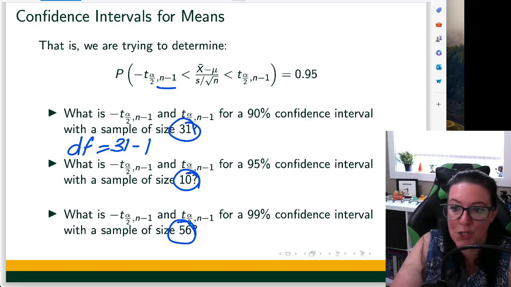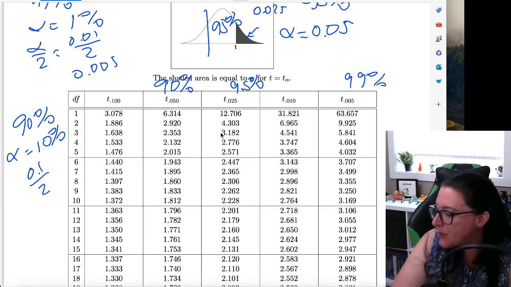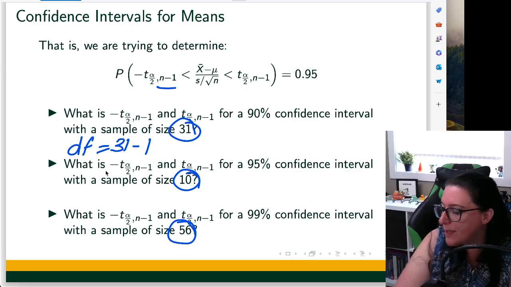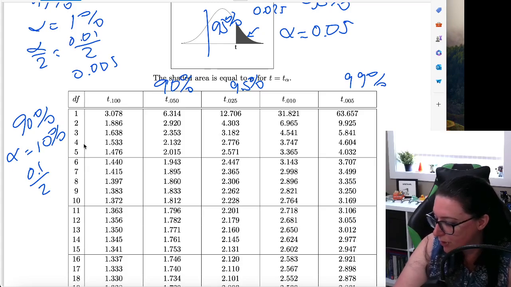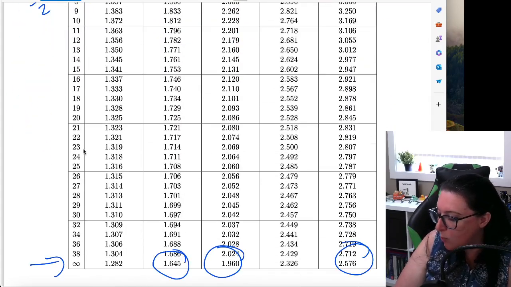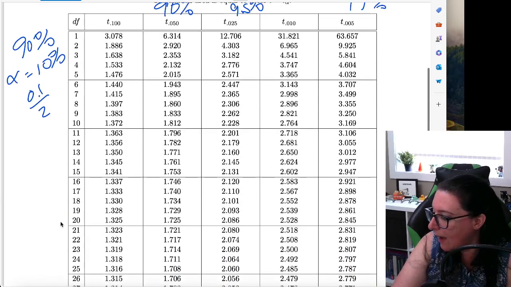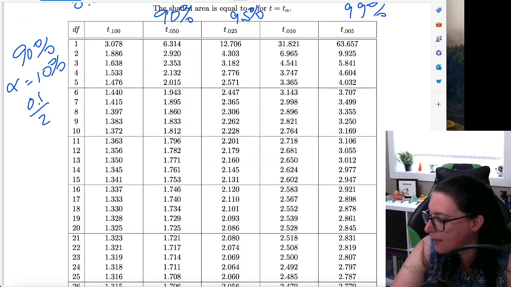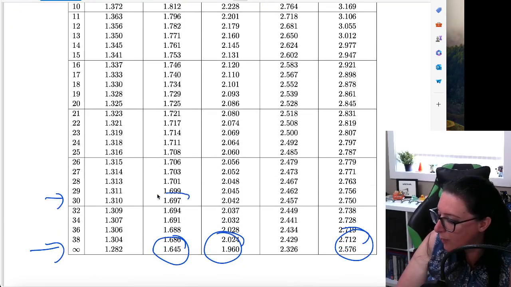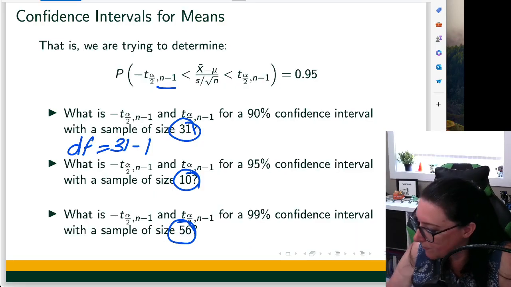There's a relationship between the numbers that we're using to estimate. So we're doing degrees of freedom of 31 minus 1 and a 90% confidence interval. So we would go to degrees of freedom, 31 minus 1 gives us our 30. And for a 90% confidence interval, we would use a t of 1.697.